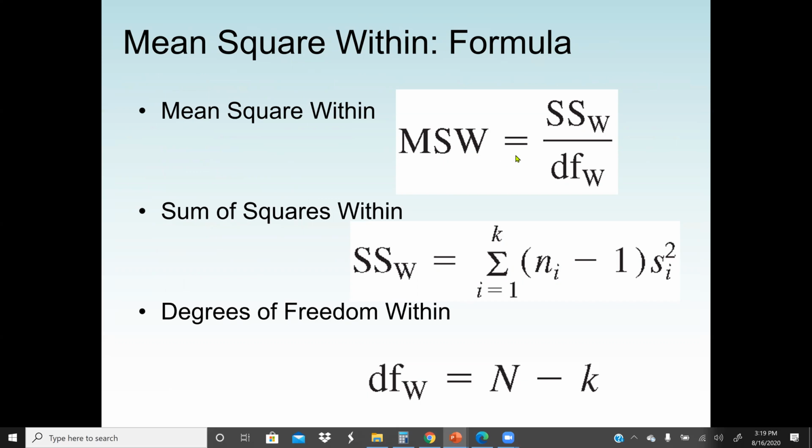The mean square within is normally SSW over degree of freedom W. Then the sum of squares within will be the sum from group 1 to K groups of the sample size n minus 1, times the variance of that group. So each group has its own variance value.